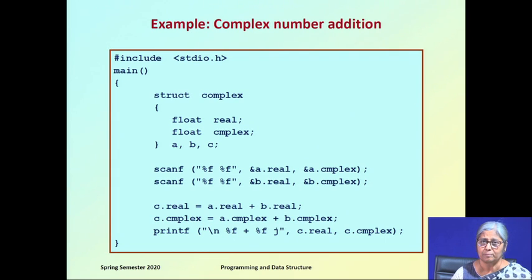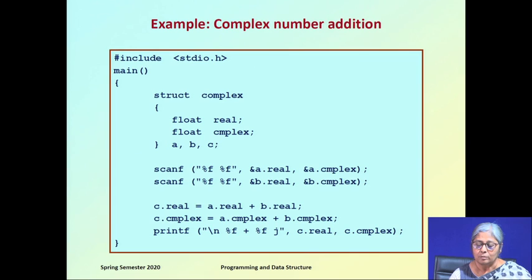We have seen the complex number example also, but we discuss it once more. So, complex is a structure type, it has 2 parts, real and complex. We define A, B, C, so these are of complex type. This is the same structure as complex, that means each of A, B, C has 2 parts, real and complex or imaginary, whatever we call it.